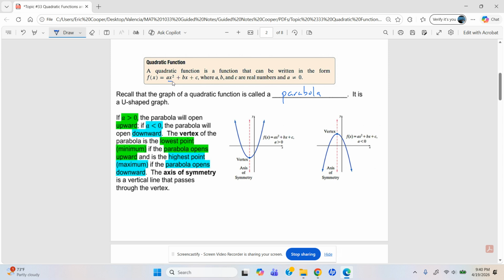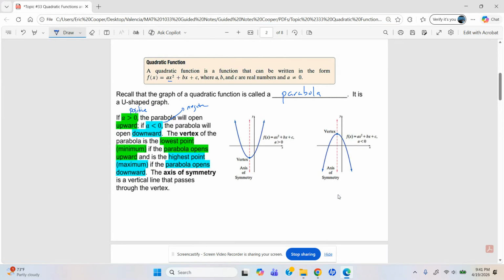Some properties about it. If the a value is bigger than 0, so if the a value is positive, then it will open upward. If the a value is less than 0, so if the a value is negative, then it'll open downward. So if it opens upward, it makes a U shape. If it opens downward, it makes an upside down U shape.